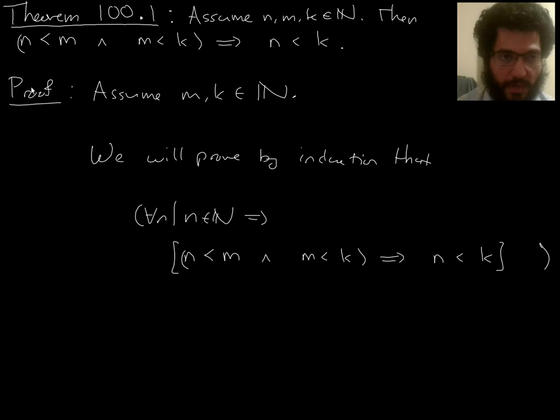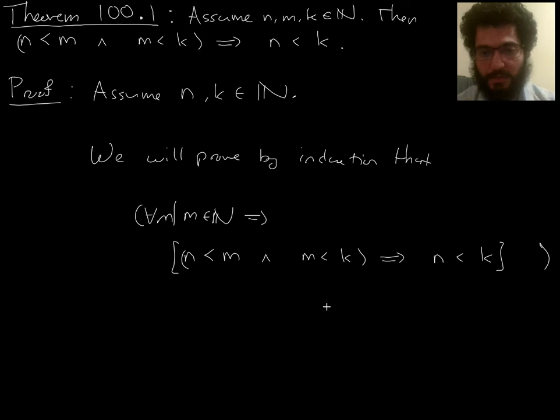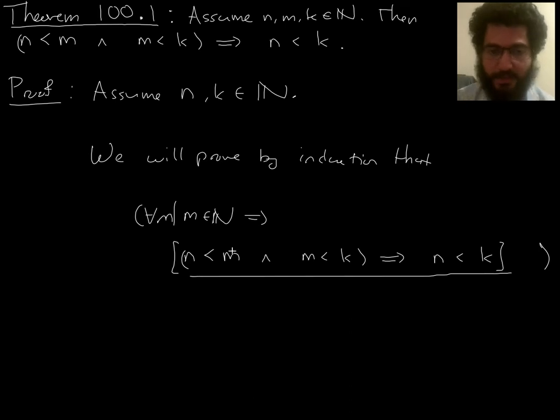Alternatively, we could actually fix n and k, leave m out of the picture initially, and then do our induction on m here. So m here, m here. Then m is the variable that we're doing induction on. Then m would get replaced by 0 for the base case, and this would still be the induction hypothesis, but then we would replace m by next m.